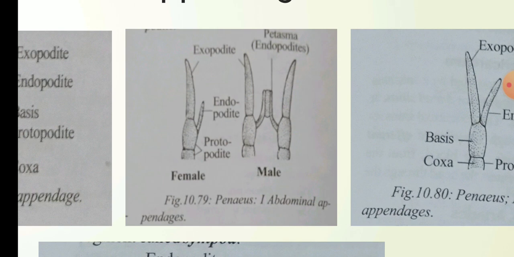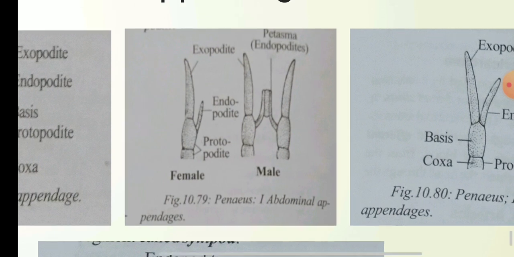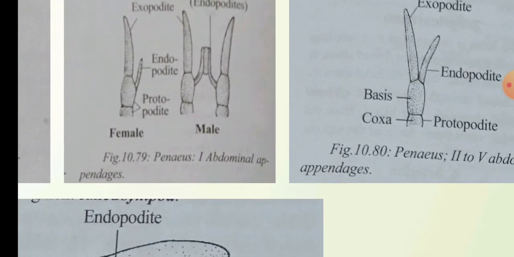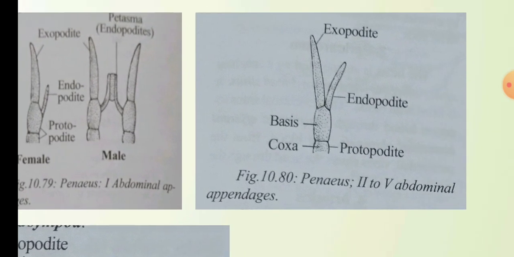In male, the fused endopodites give rise to the petasma, the copulatory organ, followed by the second to fifth abdominal appendages. These are typical pleopods or swimming legs.